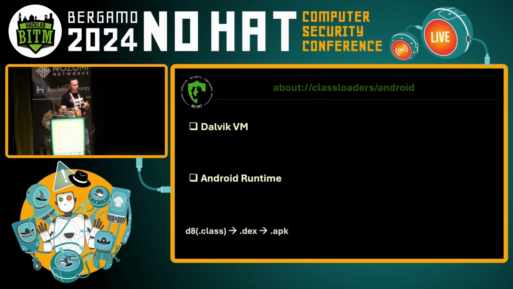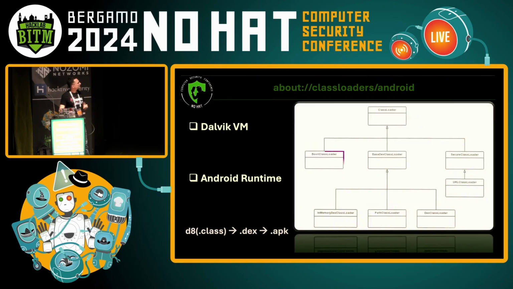In fact, in order to create a DEX file, we have to use the D8 compiler to convert a class file to a DEX file, which finally can be used by an APK. Now, when it comes to class loaders in the Android operating system, it's worth mentioning the boot class loader, which is responsible for loading, once again, Java core libraries. And we have the default class loader for every app, which is the PathClassLoader.